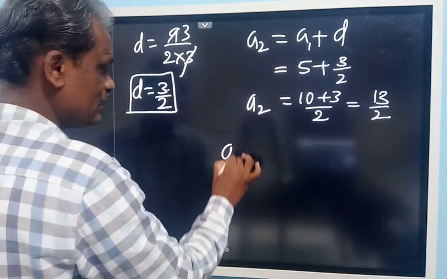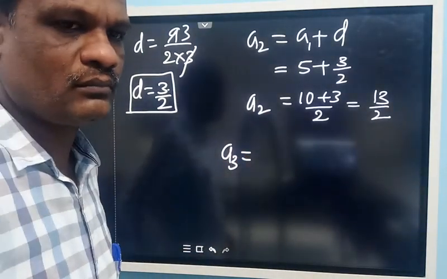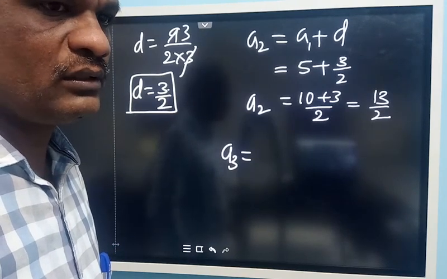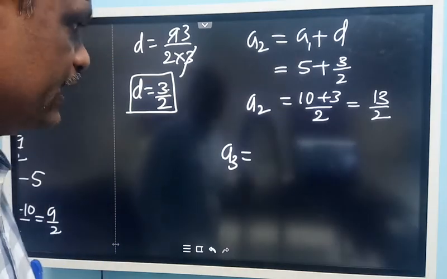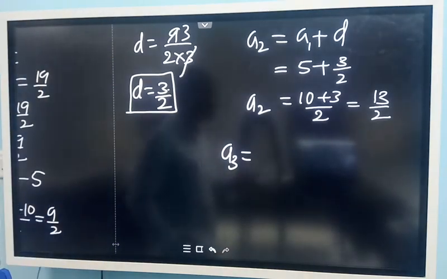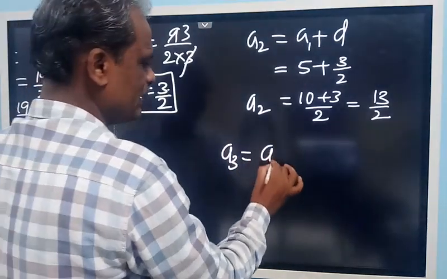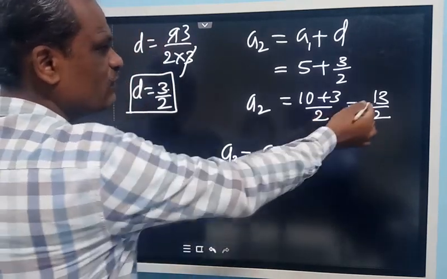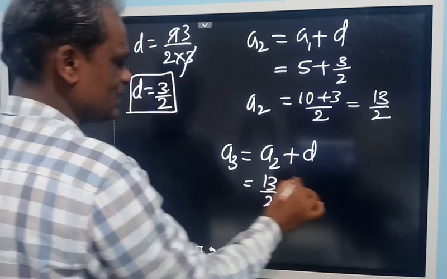You want the third term, what do you have to do to get the third term? A2 plus D. Add the common difference to its preceding term. The preceding term of A3 is nothing but A2, and add D to this one. A2 we have found out, that is 13 by 2. The common difference, you know already, is 3 by 2.